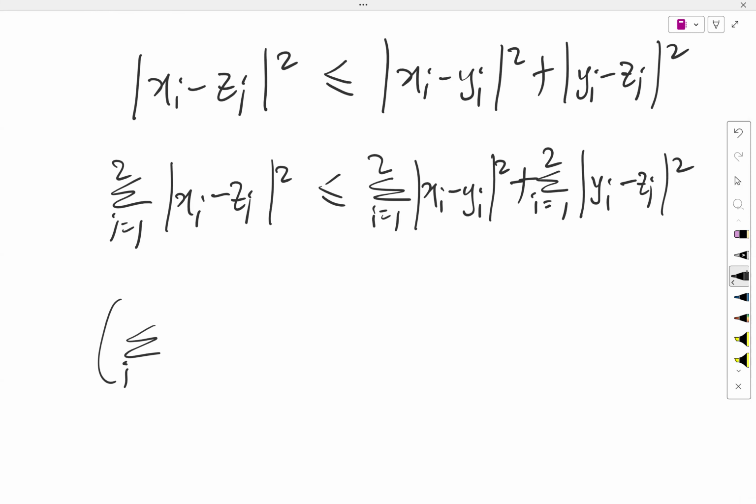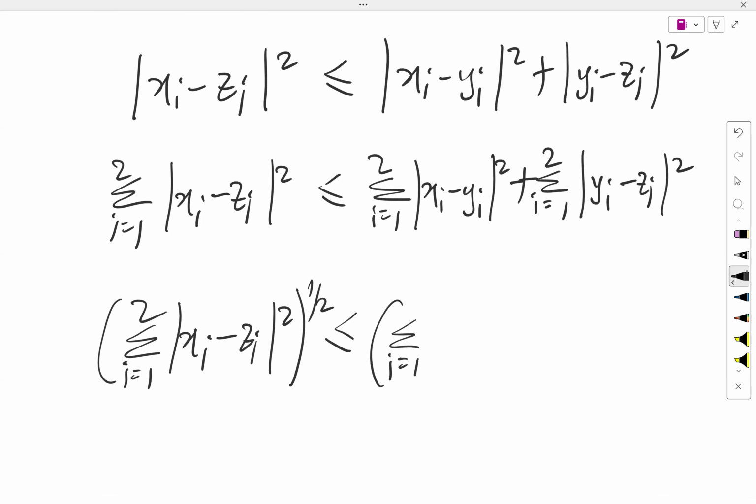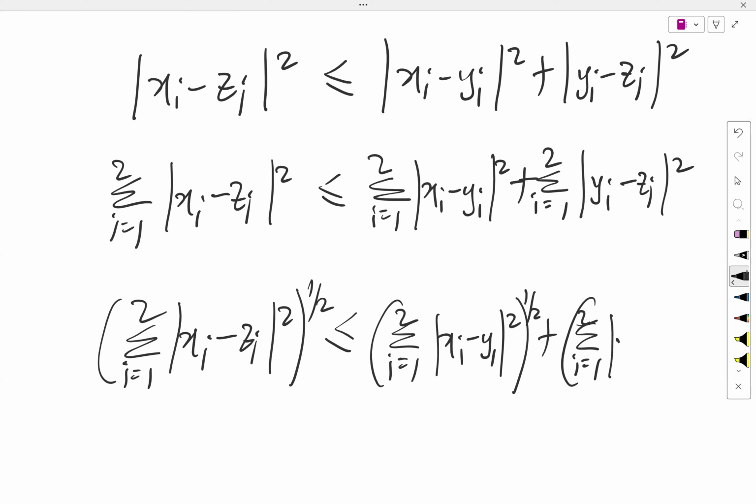So we have summation from i equals 1 to 2 of absolute value of xi minus zi squared all raised to the power half less than or equal to summation from i equals 1 to 2 of xi minus yi all squared all raised to the power half plus summation from i equals 1 to 2 of yi minus zi all squared raised to the power half.